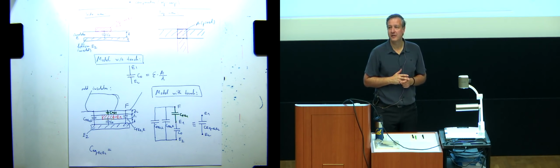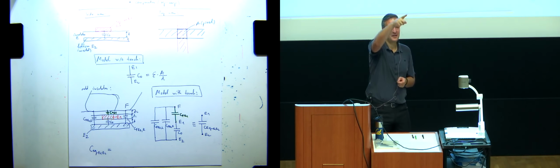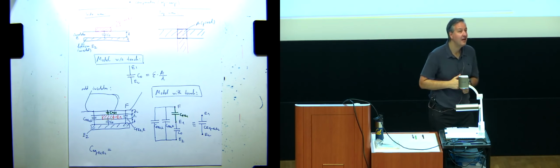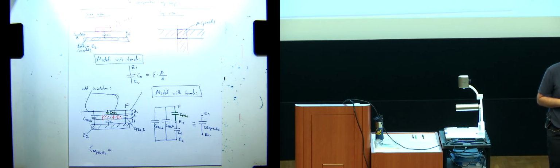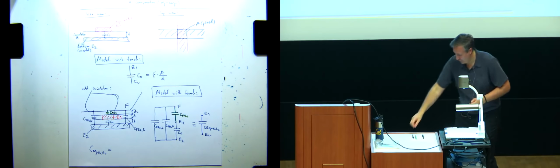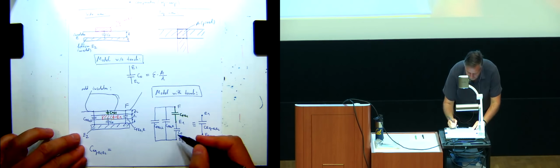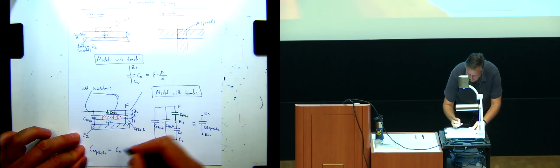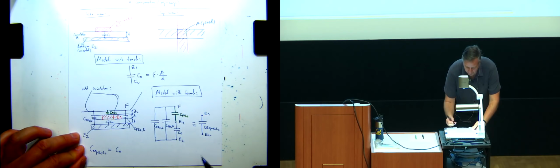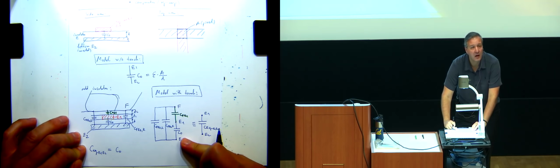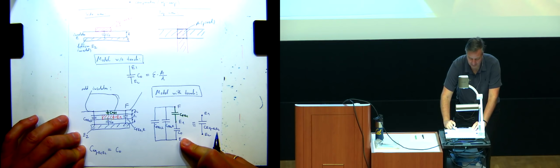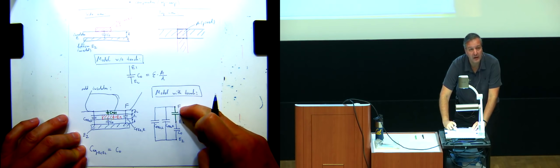Okay, any ideas? Anyone in the back? Can you speak up? Okay, so let's do one thing at a time. So you're saying C0, okay. And then you're saying parallel operator with what? CFE1, and then?